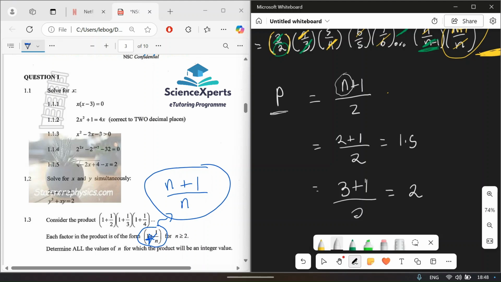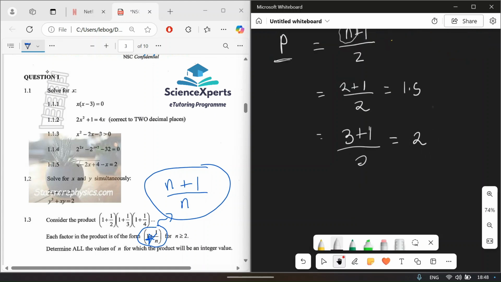But when you substitute even numbers for the value of n, it won't give you P as an integer. For example, 10 plus 1 over 2, that's 11 over 2, that's 5.5. It's not an integer.